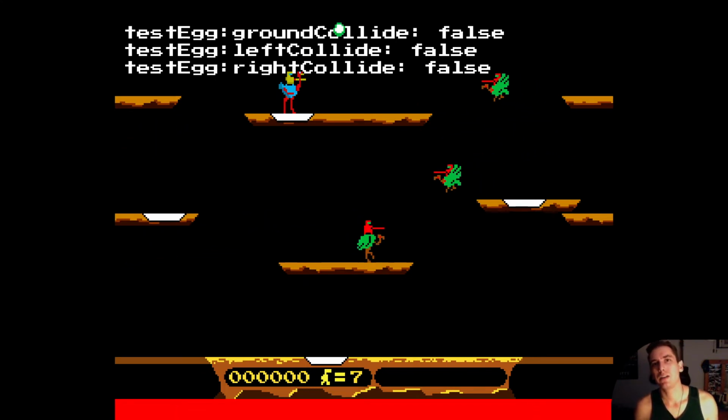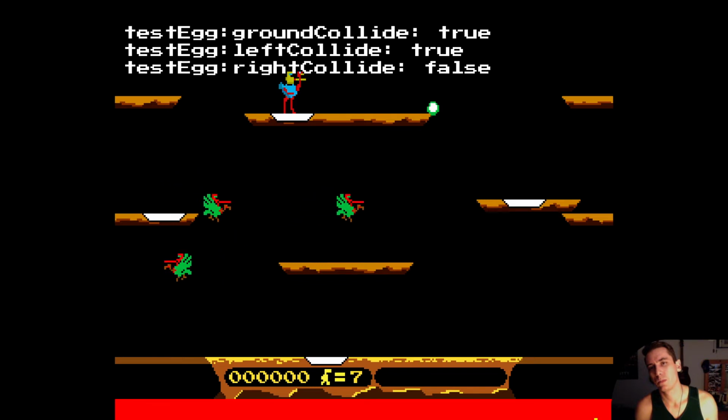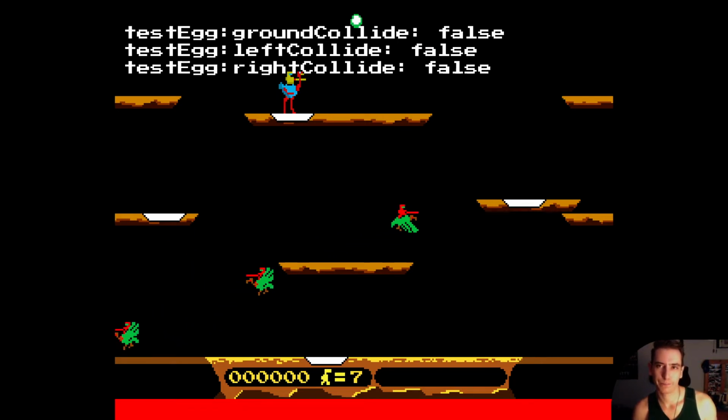I say this because if an egg's falling like this and a left collision is detected like this, we don't want to swap its dx because that would move it this way, which would swap its dx again and swap its dx again. It'd just be a weird thing there. But it looks like we can't trigger. Oh, we can. See, right here we're triggering a left and not a right.